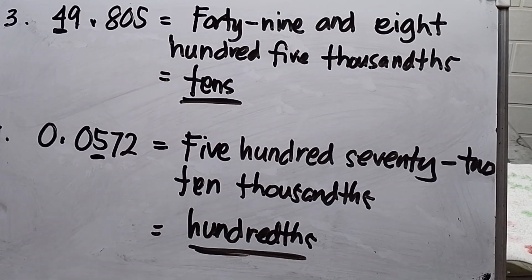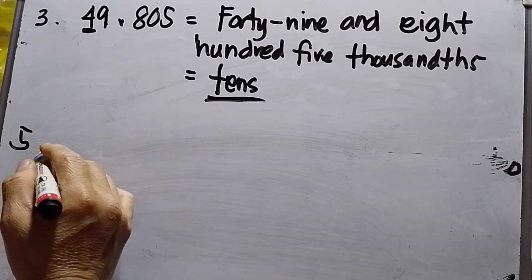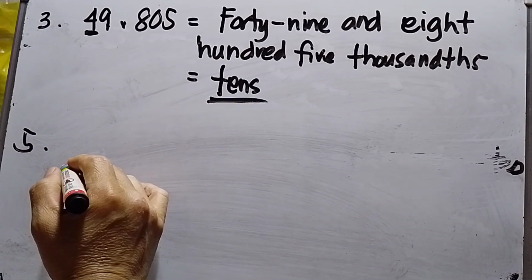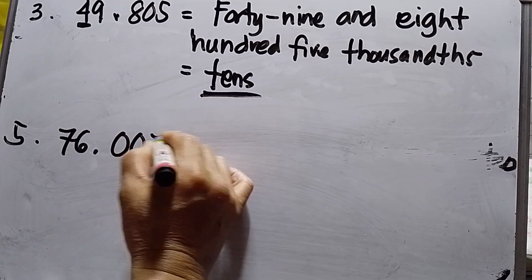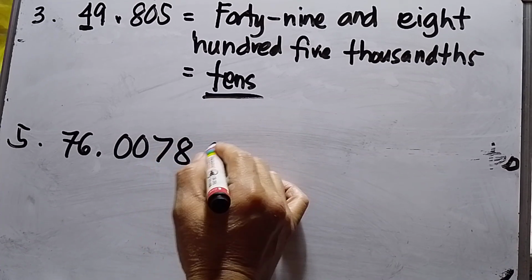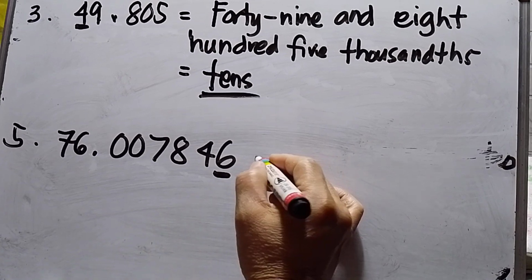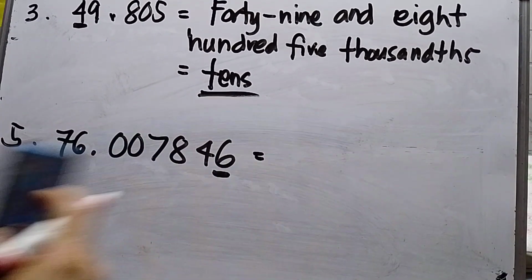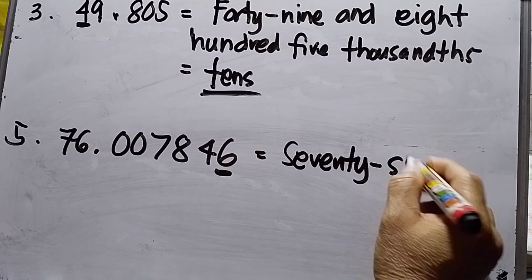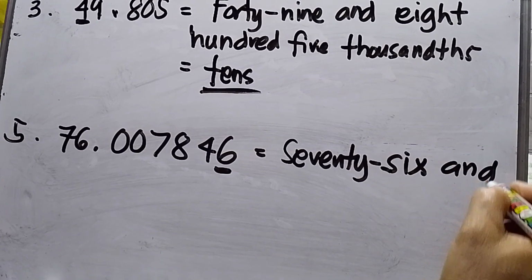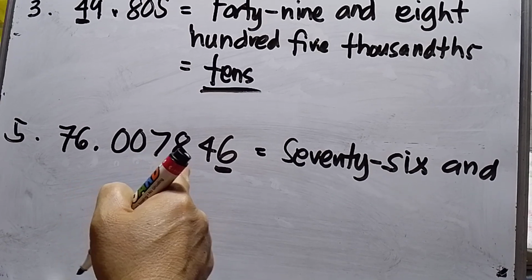Okay, the last for letter B is number 5: 76.007846. The underlined digit is the last digit, which is 6. To write this in word form, the whole number is 76 and then the decimal part: tenths, hundredths, thousandths, ten-thousandths, hundred-thousandths, millionths.